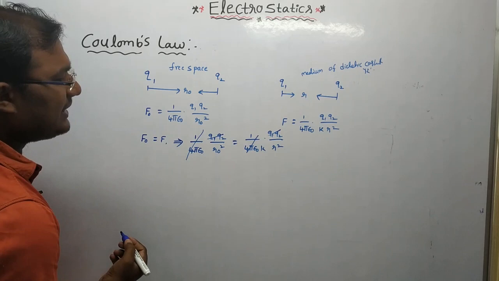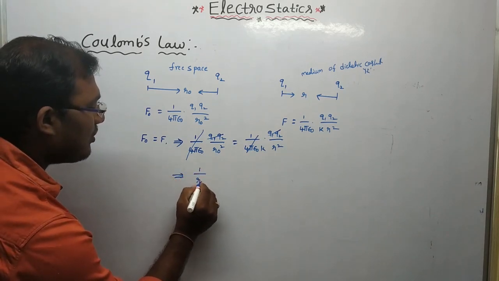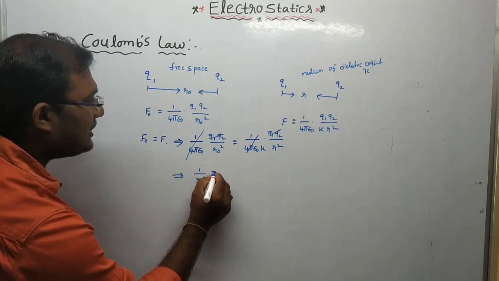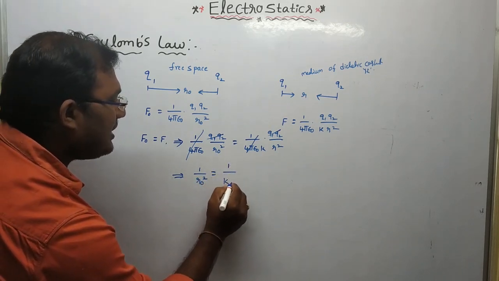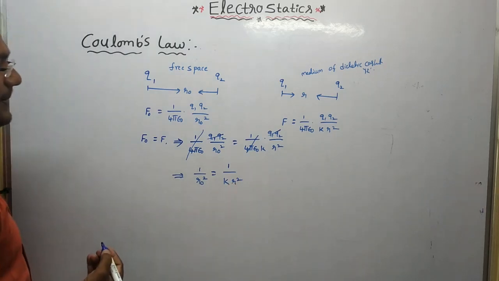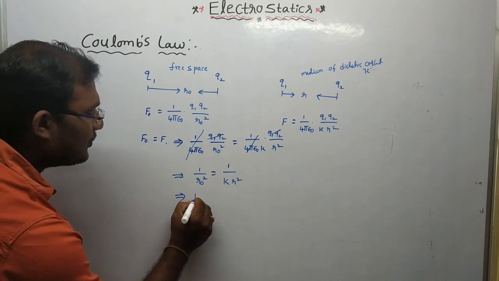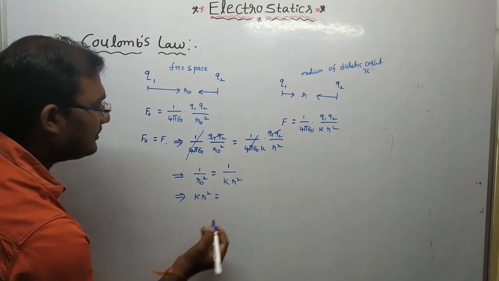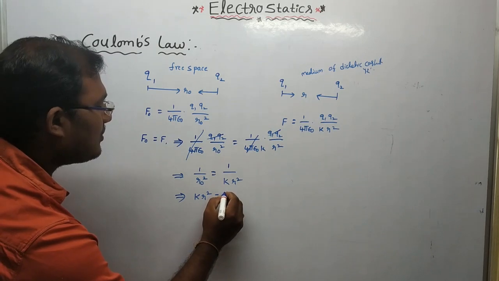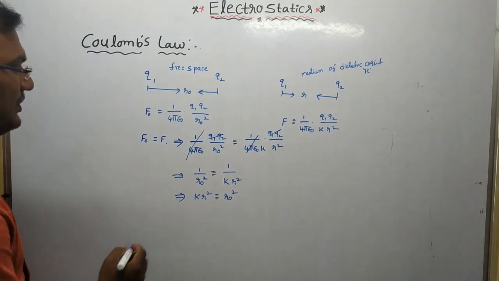The remaining is 1 by R0 square equal to 1 by K R square. By cross multiplication, we get K R square equal to R0 square.